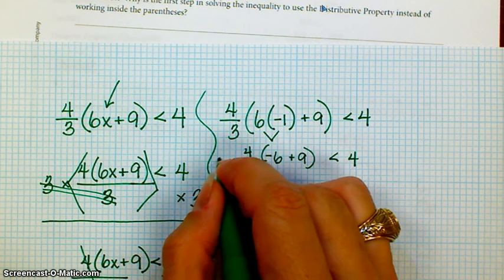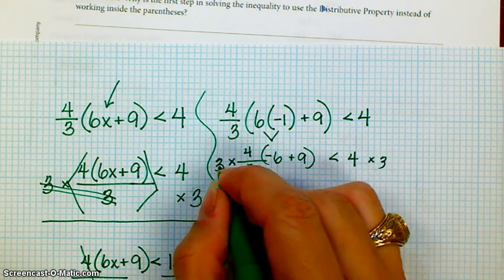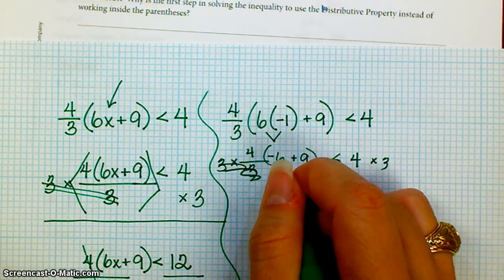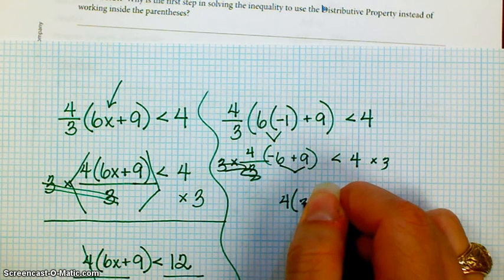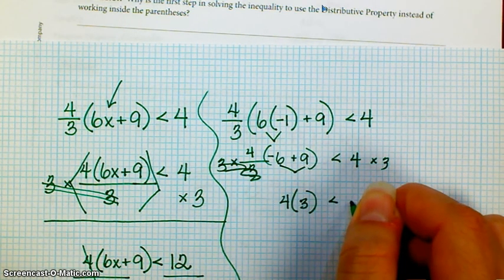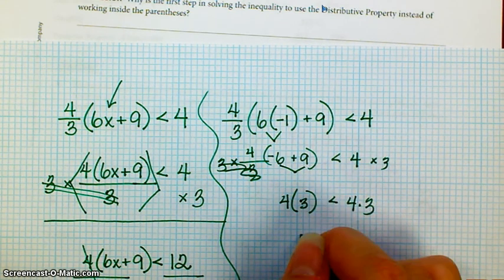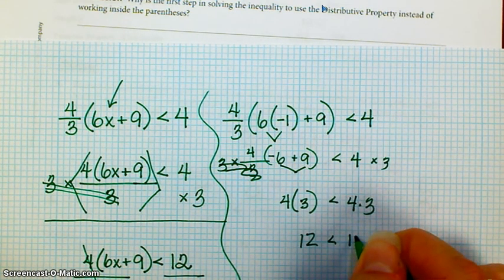I'm going to multiply by 3. I get 4. And this is 4 times 3. All right, so I get 12 less than 12.